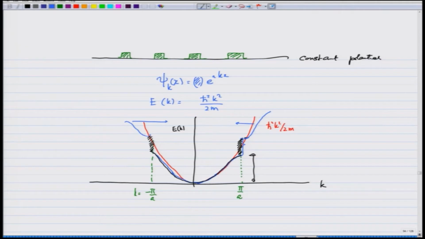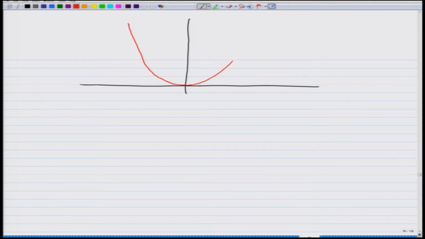So, what we started with was the energy diagram for a free electron gas, which was h cross square k square over 2 m, and then when we introduce that periodic potential I can now confine myself between minus pi by a and pi by a, and the energy fell into this band.